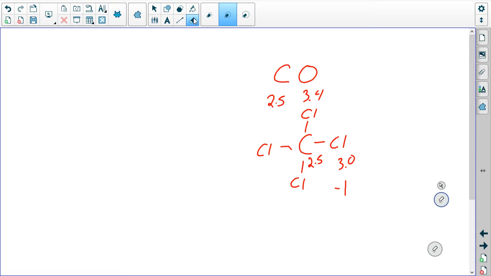We'll talk about that in a minute. Chlorine will have an apparent charge of -1, i.e. an oxidation number of -1, and the carbon is going to have an oxidation number of +4 because he doesn't get to share these electrons equally with the chlorines, 4 of these. Okay, that's based upon electronegativity.